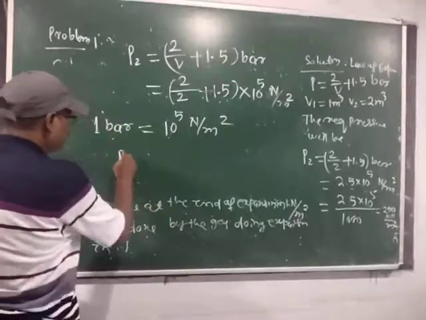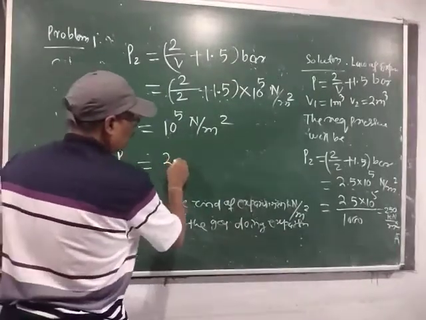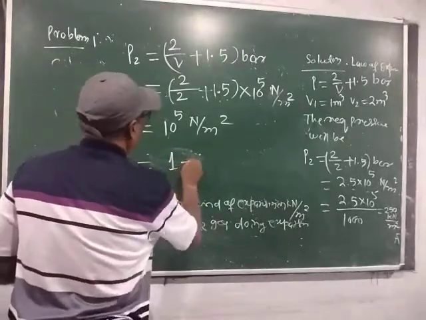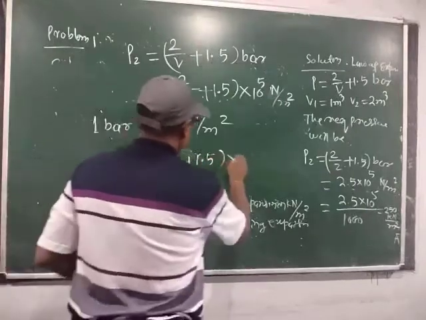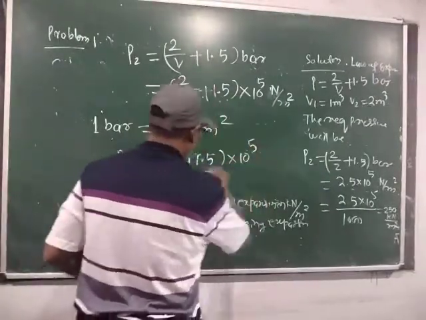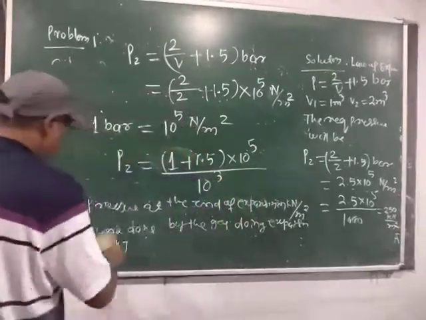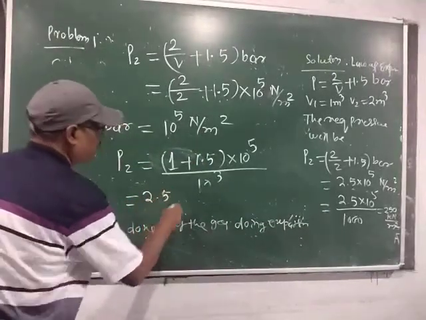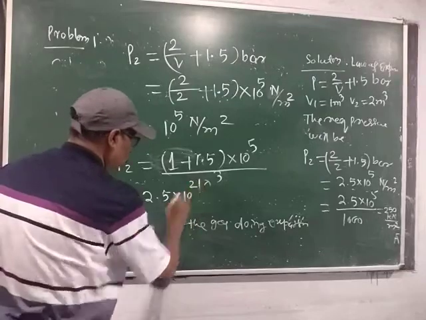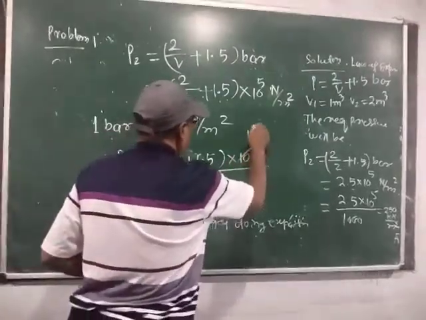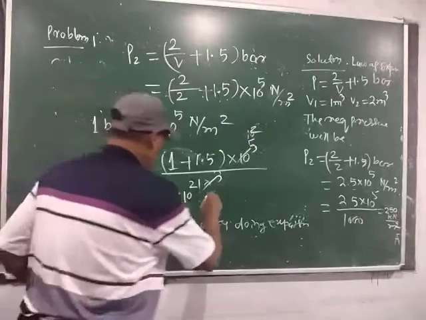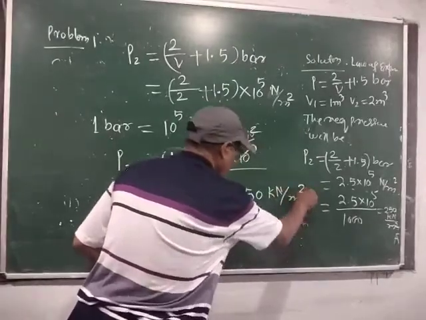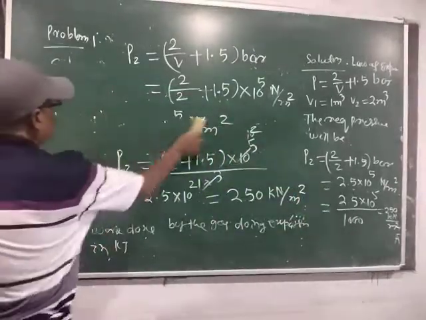Therefore, we can write P2 is equal to 2.5, that is 1 plus 1.5, into 10 to the power 5 divided by 10 to the power 3, is equal to 2.5 into 10 square, is equal to 250 kilonewton per meter square.